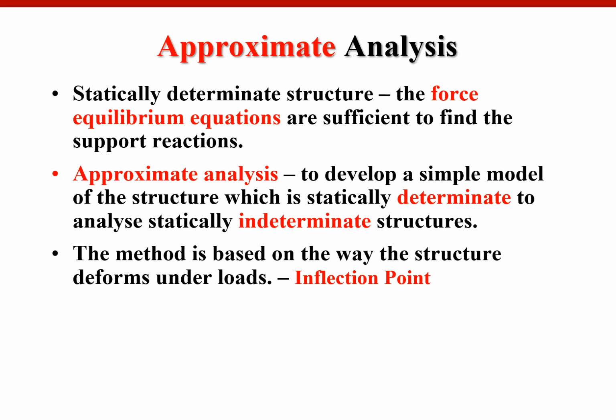When you draw bending moment diagram, you are going to see at some point the sign of my bending moment switch from positive to negative or negative to positive, so that where your bending moment is 0, then you are going to have inflection point.